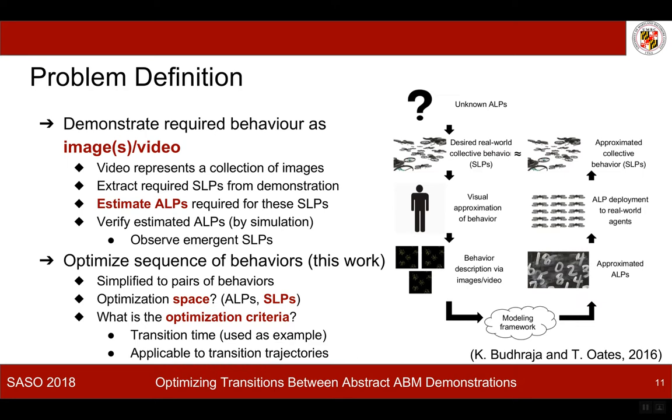In our case, we looked at the transition time or time steps required to reach the desired behavior. Other possible optimization criteria could include the amount of work done, the total steps made, the energy expended, or anything more abstract and defined specifically by the user.